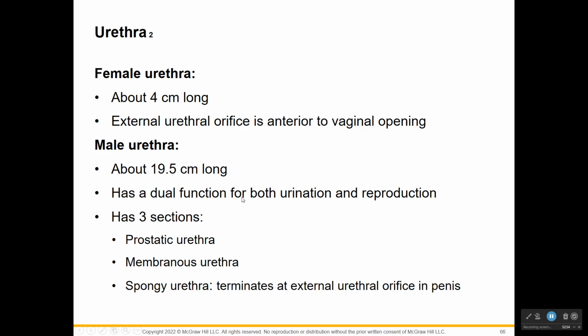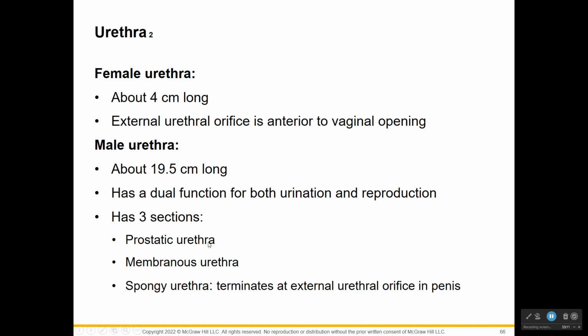And so it's actually the part of the system that is not just for urination, but also reproduction, because this is where semen will be released. And the male urethra actually has 3 different parts.